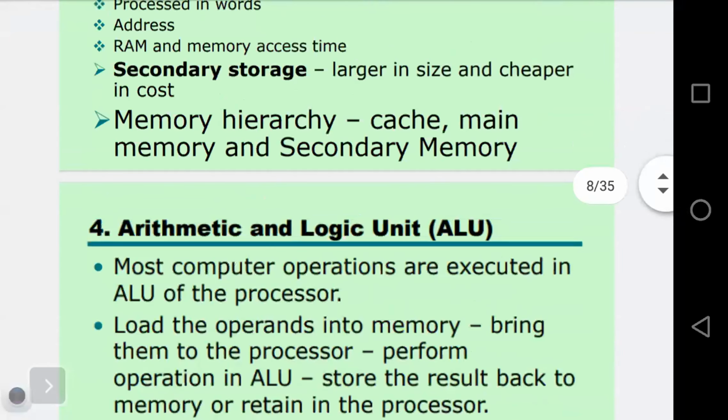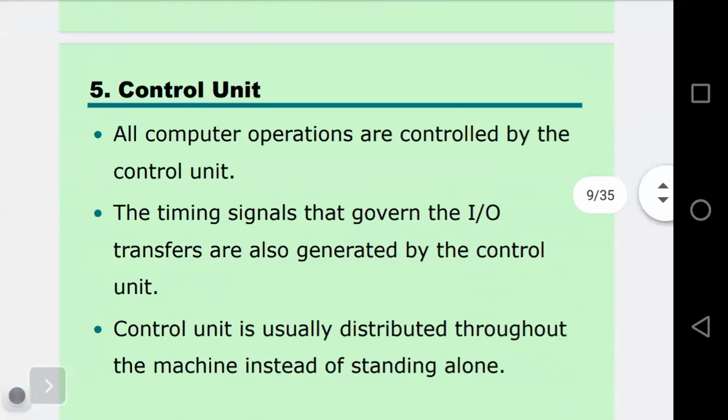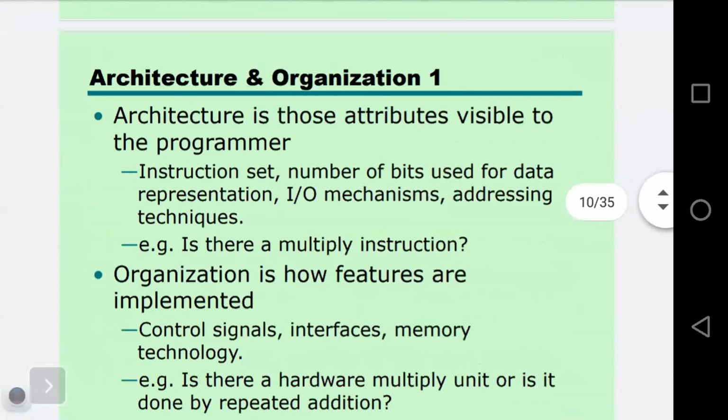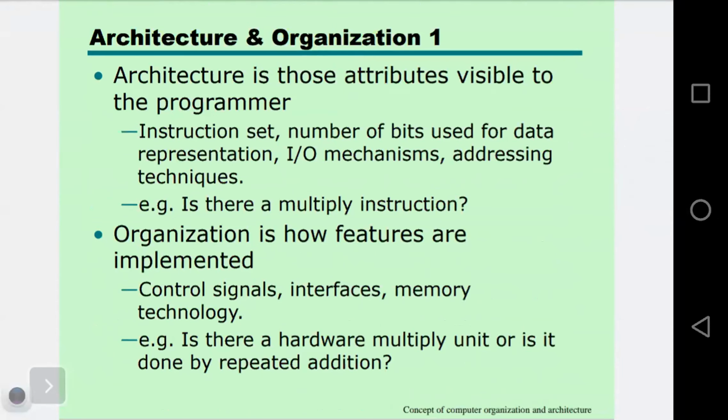In today's topic, you will come to know what exactly architecture is and what organization is, and why the subject name is given as computer architecture and organization. So why are these words there?